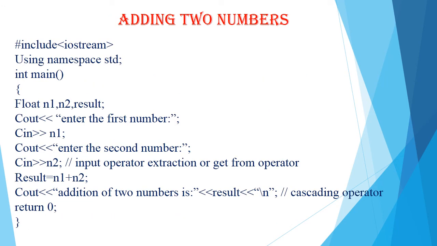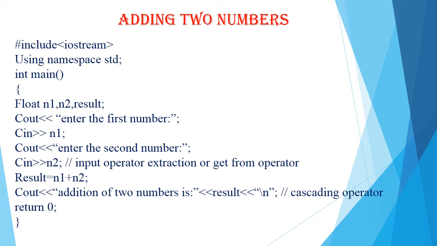This is a sample program to add two numbers using C++. First, we are including the header file iostream. Next, we are adding using namespace std. Next, we are creating the main function with integer data type, and within the function, we are declaring the variables n1 to get the first value, n2 to get the second value, and a result variable to store the result.